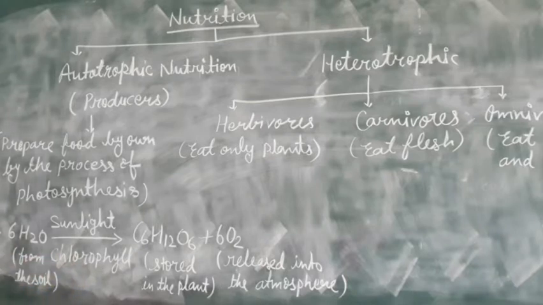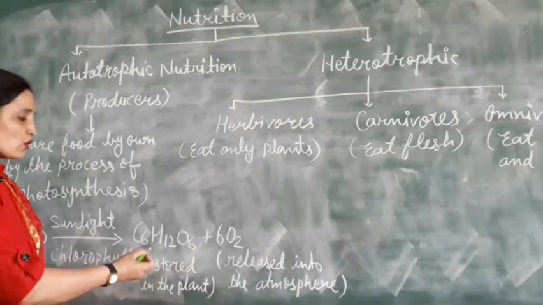Carbon dioxide they get from the air, water they get from the soil, sunlight they get from the sun, and chlorophyll is present inside the leaves as a green pigment. In the presence of sunlight and chlorophyll, carbon dioxide and water react together and form glucose.